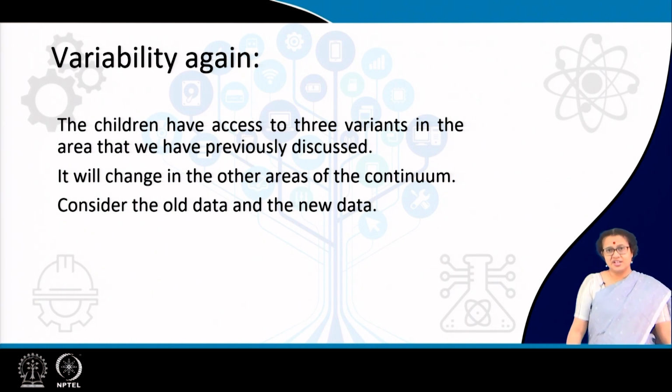So, when we talk about continuum, we have to keep in mind that the variants are not the same, neither the frequency nor the nature is the same. So, we have to consider a particular point and figure out several sociolinguistic factors to consider the structure of variability. So, the old data and the new data are different regarding the continuum. I hope you understood that.